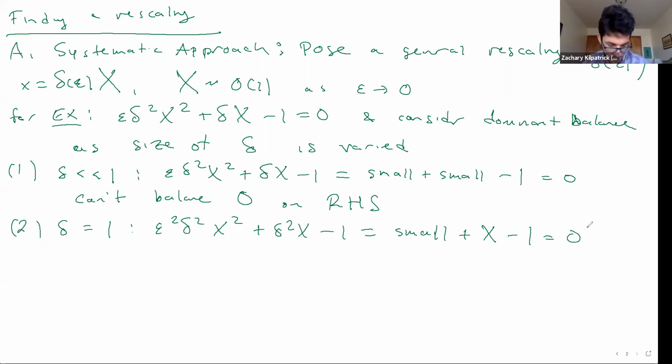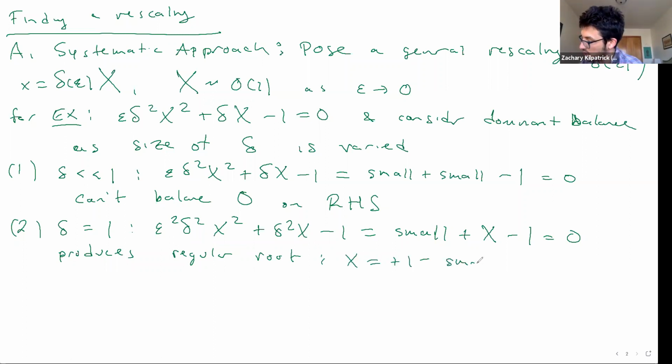Now, it works for getting us our non-singular root. It produces the regular root, because to leading order, we can take x equals 1, and we get 1 minus 1 equals 0, everything's fine. So the regular root is x equals plus 1 minus something small. But this is not the singular root.